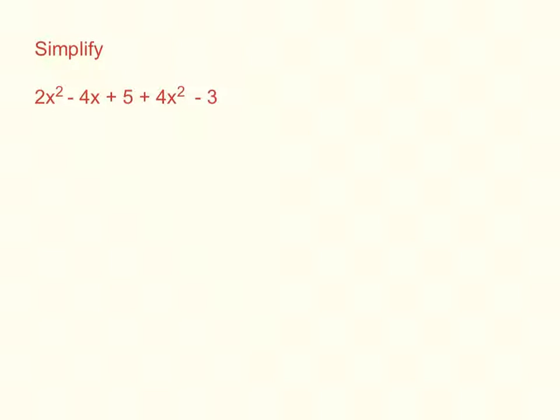So this problem is the same idea, but because there's minus signs, that kind of throws people off a little bit. But here's the good part. You can use what you know about integers, and you know that subtracting a positive is the same as adding a negative.